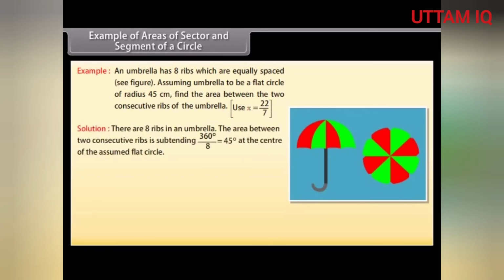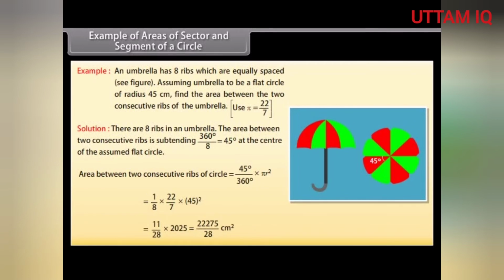The area between two consecutive ribs is subtending 360 degrees upon 8, which is 45 degrees, at the center of the assumed flat circle. Area between two consecutive ribs of circle is 45 degrees upon 360 degrees into pi r square. Now by calculating it, we get 22,275 upon 28 centimeters square.